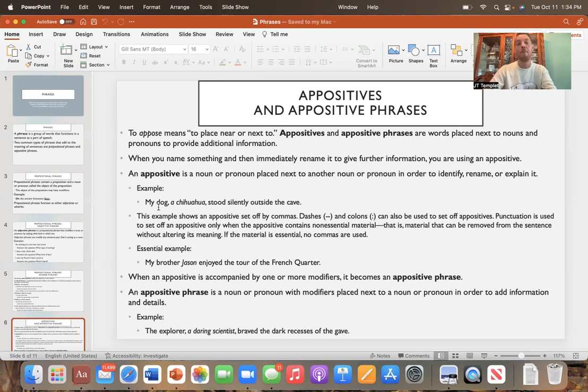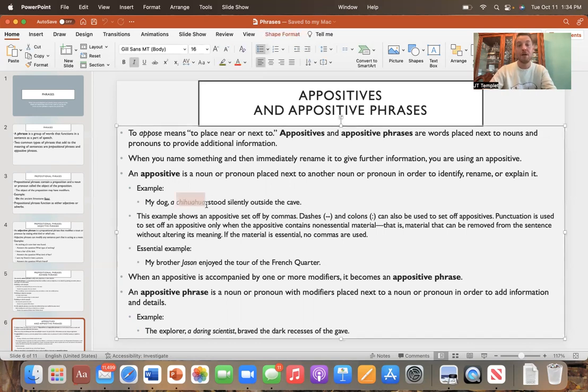So for example, my dog, comma, a chihuahua, comma, stood outside the cave. Chihuahua, is that an appositive? It is a noun, and right here it's being used to describe further the subject, right? My dog. What type of dog is my dog? It's a chihuahua. As I pointed out, this example shows an appositive that's set apart by commas.